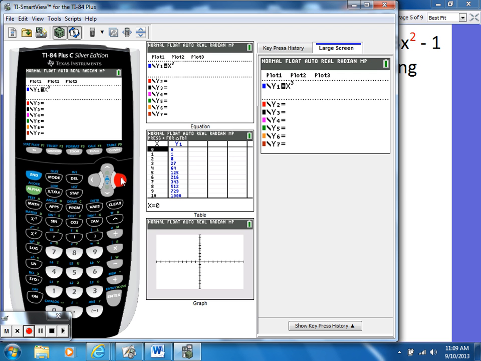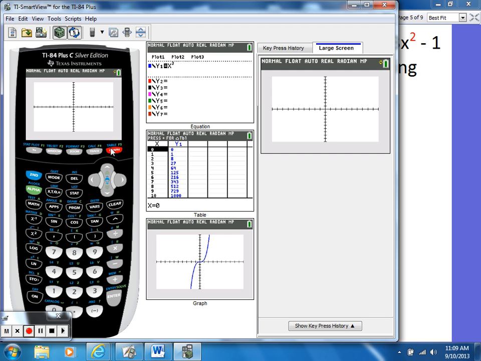That way it knows that you're no longer in the exponent. Okay, so the problem was x cubed. What was the rest of it? Plus 3x squared minus 1. All right. So I'm going to go ahead and graph it.